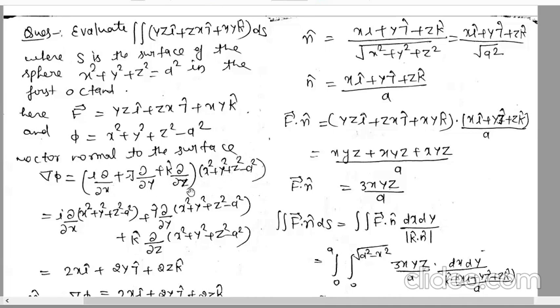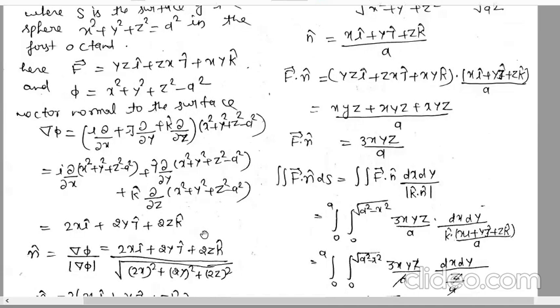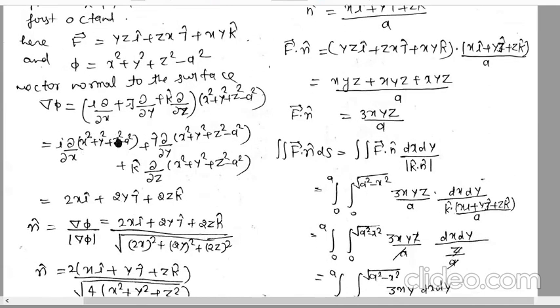So i del upon del x of this bracket plus j del upon del y of this one, and k del upon del z, right? Now differentiating this bracket, you will get 2x i plus 2y j plus 2z k cap, right? Now this is the gradient of phi.